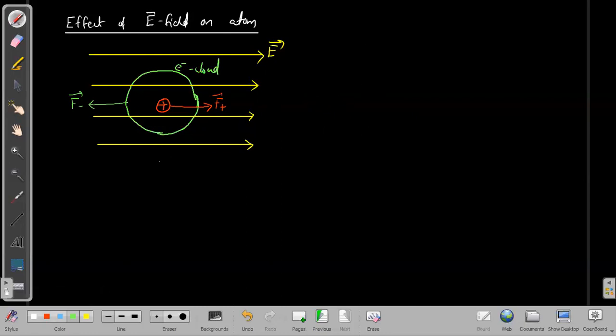So this is the first step. In the second step, if you apply this electric field, then the positive charge will move slightly towards the right, and the electron cloud will move slightly towards the left. So there will be some charge separation. The center of the electron cloud may not coincide with the center of the nucleus, so they may not be at the same location.